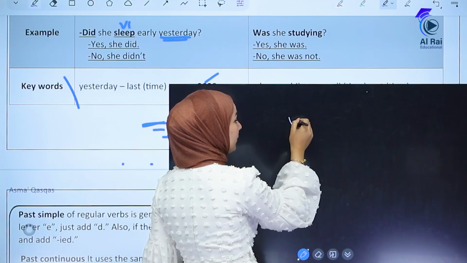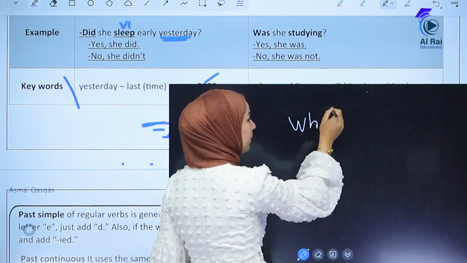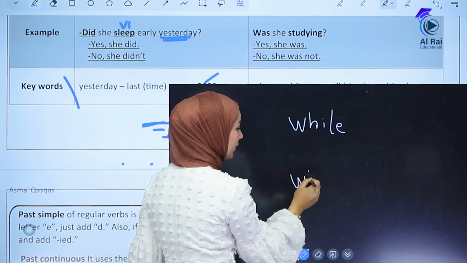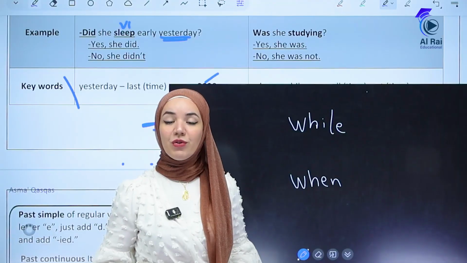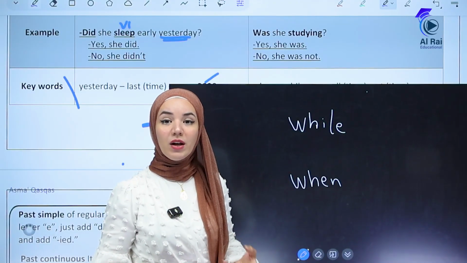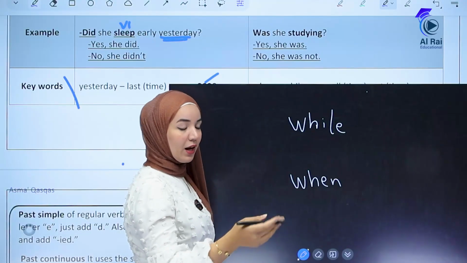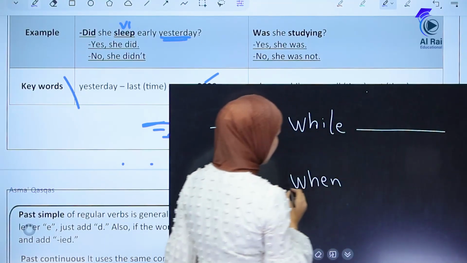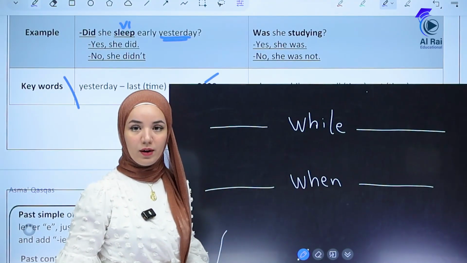So, with past continuous, I have the keyword while and the keyword when. So, what's the difference between them and how can I differentiate between them? So, sometimes we have two sentences, okay, with when and while.